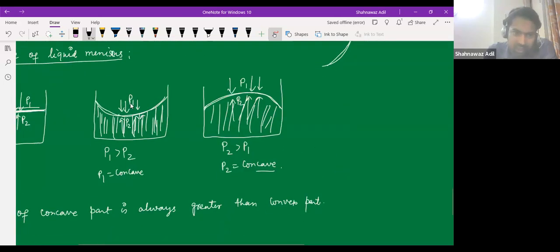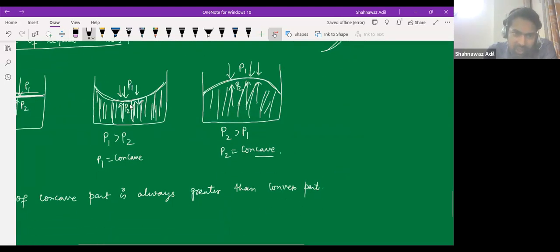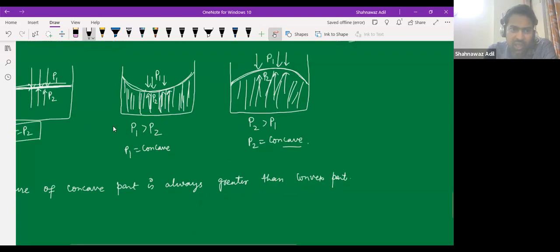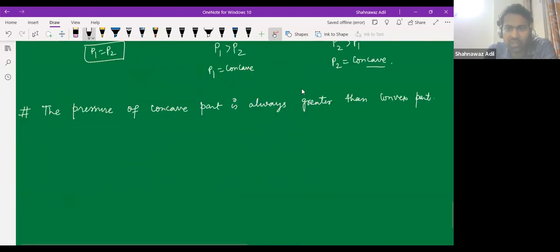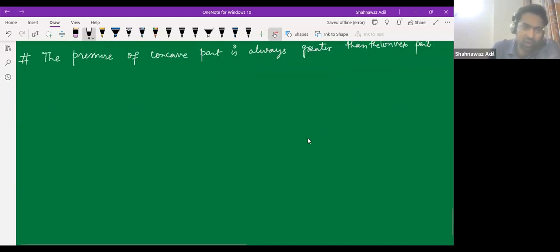In both cases, we saw that the pressure is larger in the concave part. So we concluded that the pressure of the concave part is always greater than the convex part. Is this clear, Akib? Yes, sir. Clear.